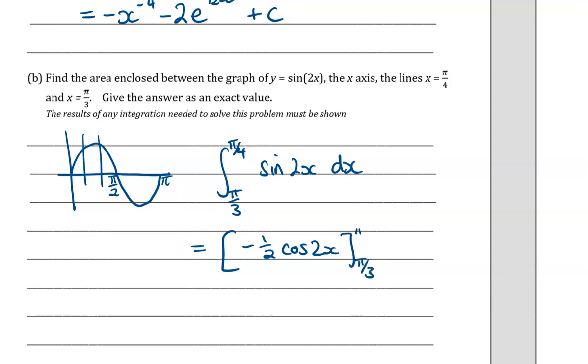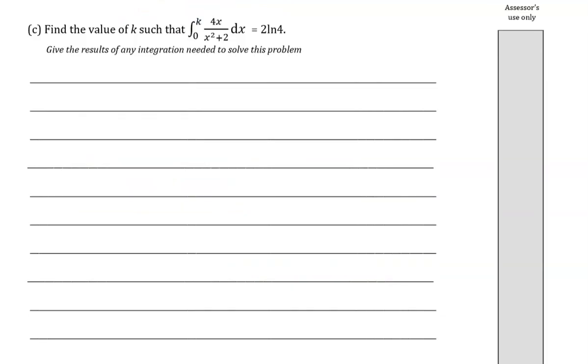And put in pi by 3 up to pi by 4. I just realised I made a silly mistake and wrote these the wrong way round, because a quarter is smaller than a third. So when you do that subtraction, it should be this way round, and your area comes to a quarter.